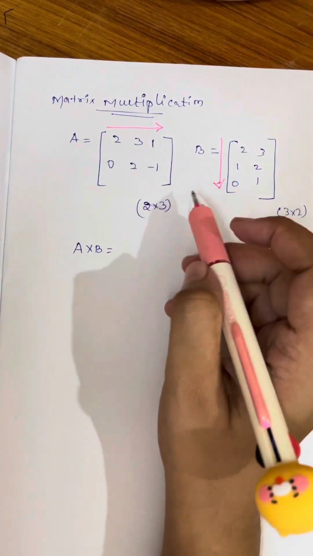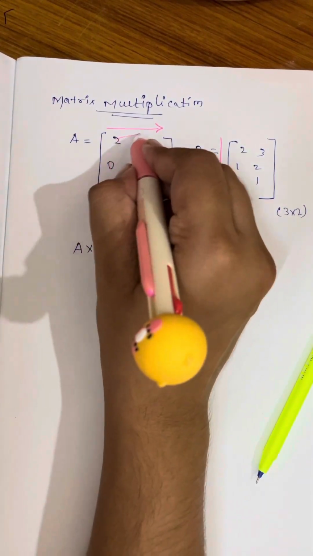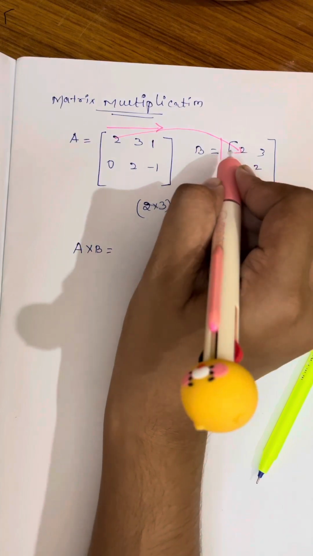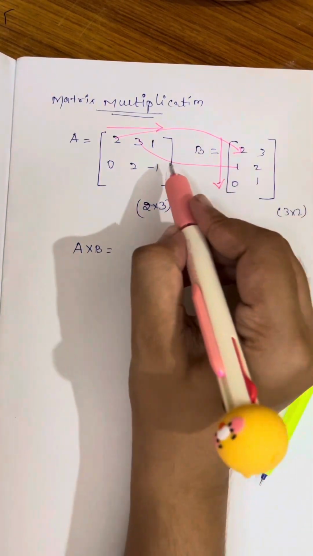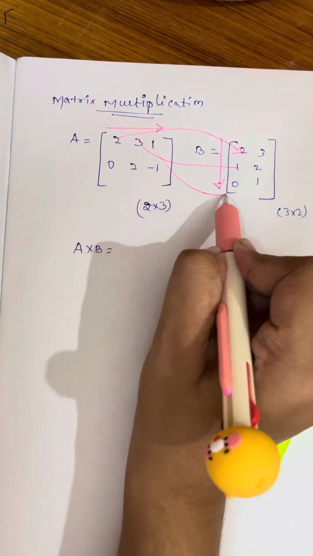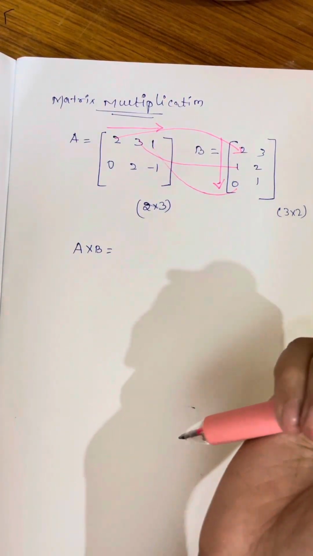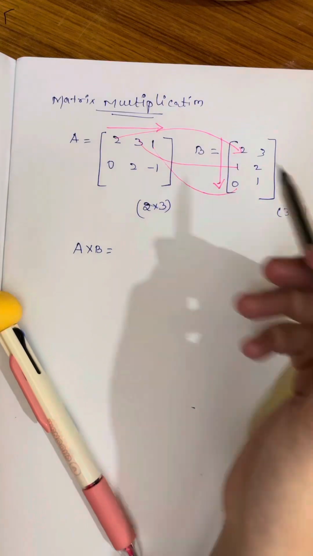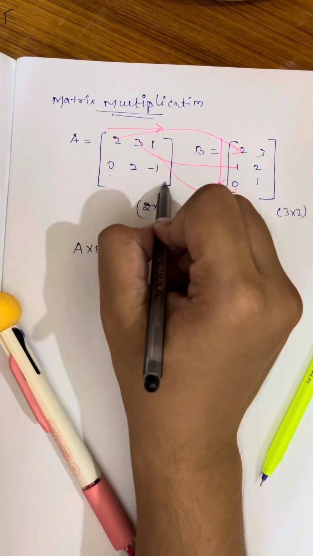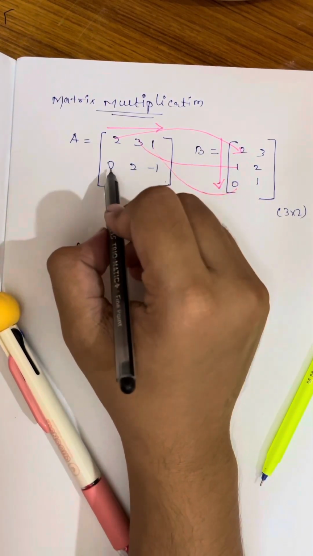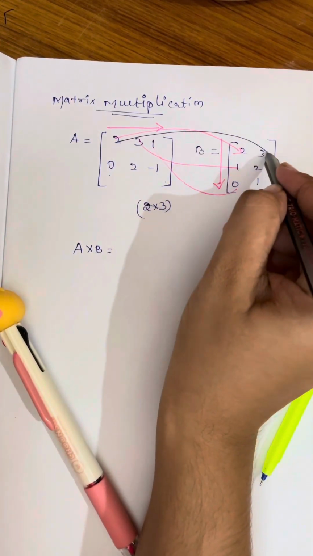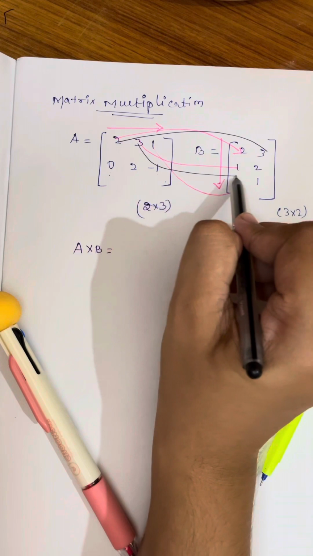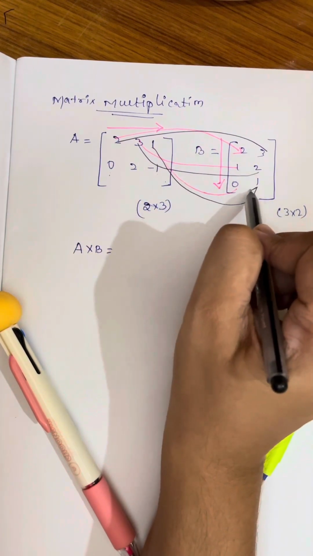So always remember, when you are doing A cross B or matrix multiplication, it is always with your row and column. So first what you have to do, 2 cross 2, 3 cross 1, 1 cross 0. Then again, same with the row 0 2 minus 1, same thing you have to do. Then again 2 cross 3, 3 cross 2 and 1 cross 1.